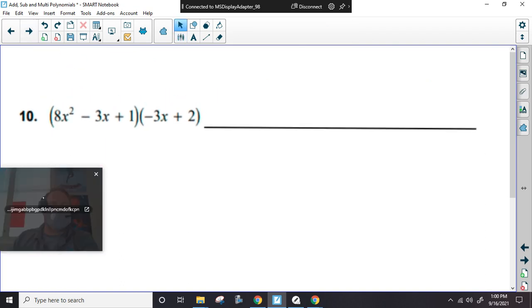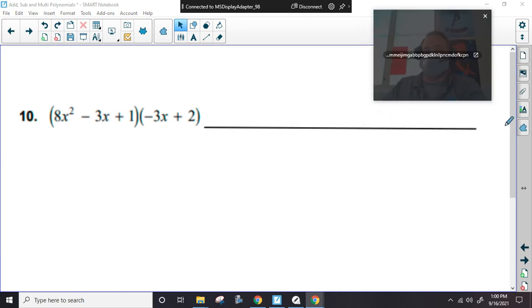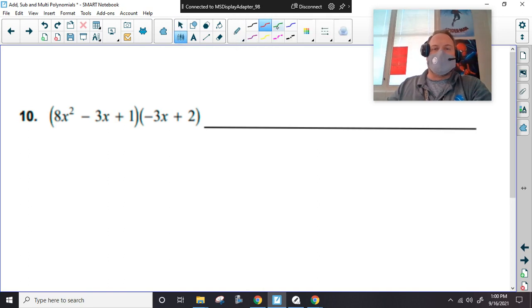All right. So you can actually use the double distributive property, or I had a student try this today, and they said, "Mr. Jeffries, if you do it like this, your like terms end up together, and you don't have to take as much time to find them." I was like, "That's interesting." So this is what they did. They cut it like this.